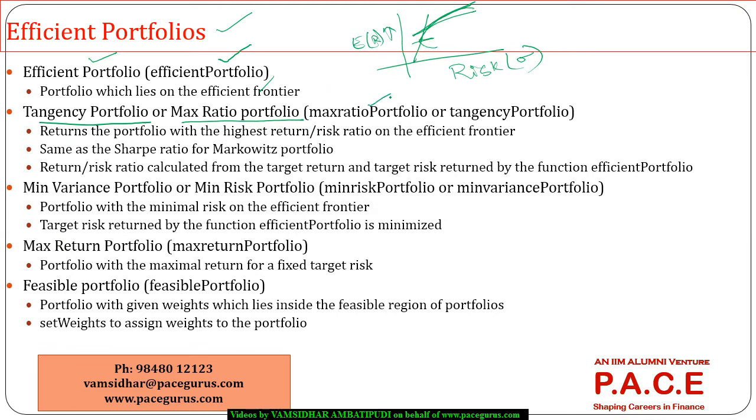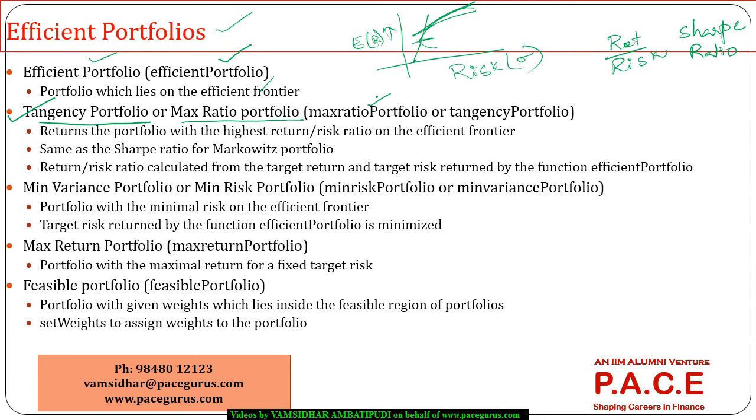Maximum ratio: the ratio is the return to risk ratio, otherwise called your Sharpe ratio. I want to maximize this ratio. That is what I am calling a tangency portfolio.